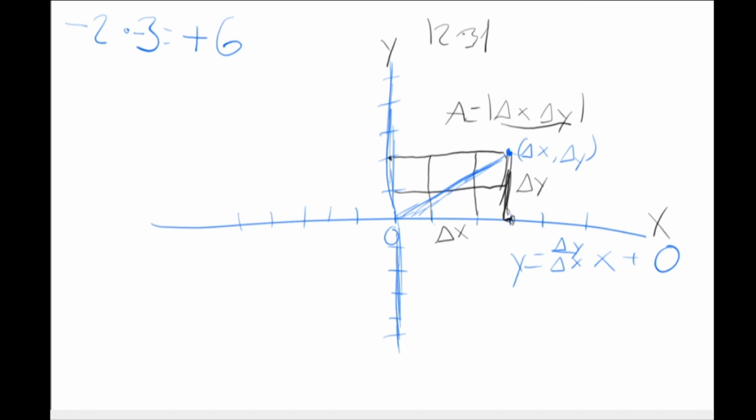So it should stand to reason that if we divide two values, delta y and delta x, and we multiply them, the values are going to be different unless we're dealing with just a bunch of ones here. But they ought to be the same sign, right? The sign should not change. So that means that the slope should have the same sign as the answer to the multiplication problem.